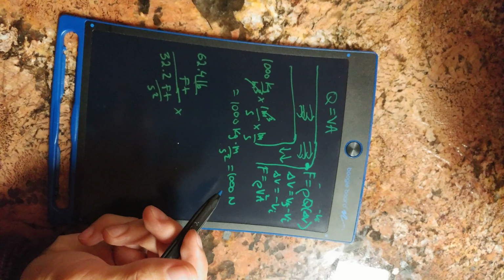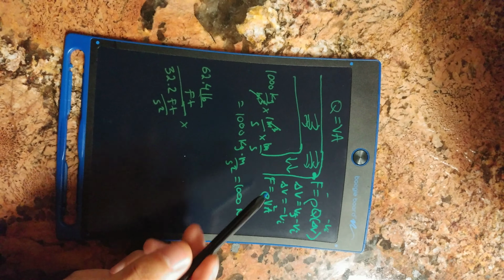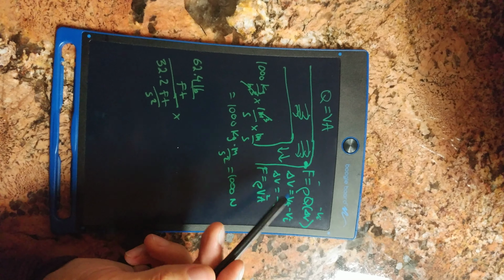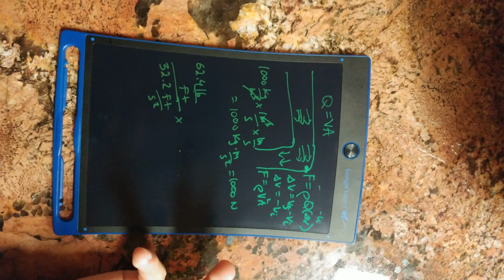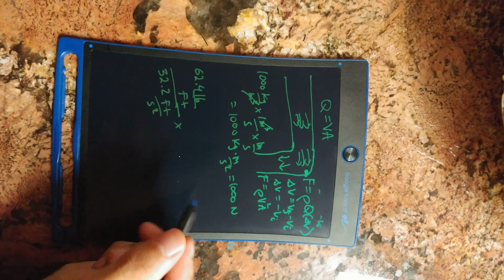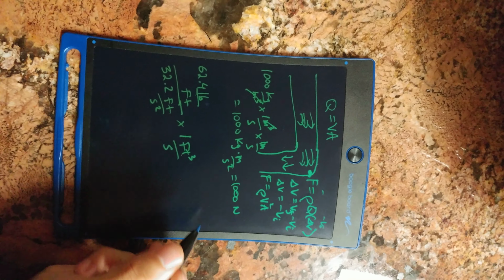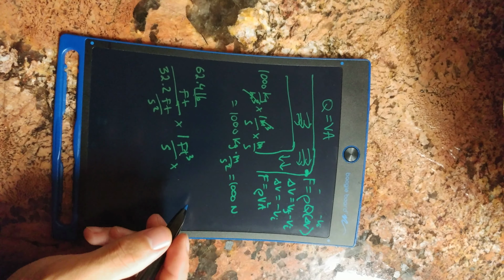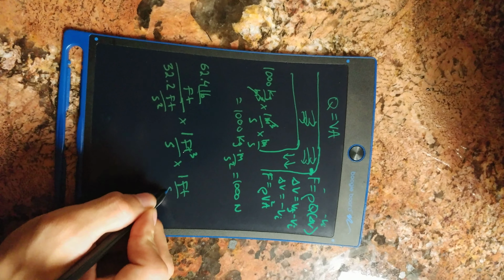We're just going to say that flow is 1 cubic foot per second, even though 1 meter cubed per second is not the same thing as 1 cubic foot per second, and it's the same thing with the velocity. But for this example, I'm just being lazy and I don't want to move the units around, so I'm just going to say it's 1 cubic foot per second times the change of velocity, or velocity. I'm also going to say it's 1 foot per second.